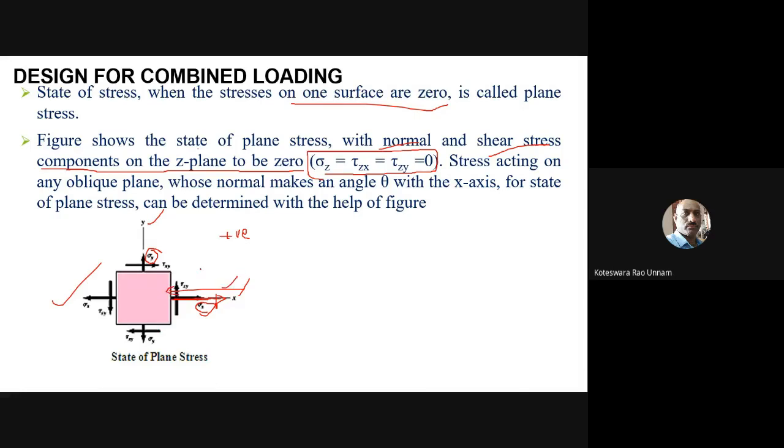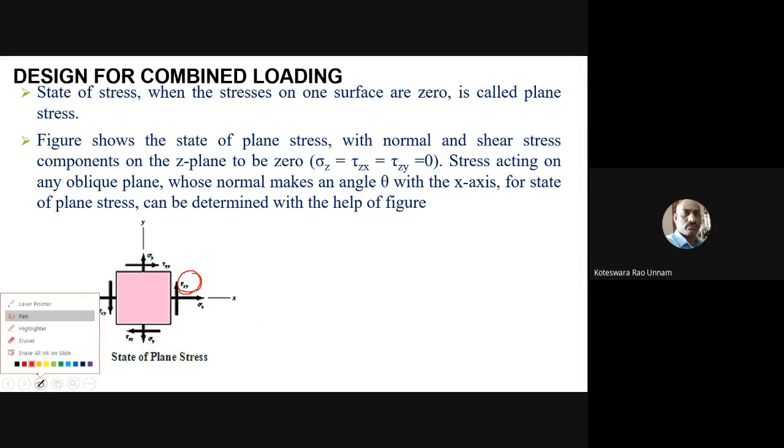Whether it is sigma x or sigma y, there is no issue. You can easily identify that if the stress is tensile, it is positive, and if the stress is compressive, it is negative. But we face some difficulty in identifying whether the shear stress is positive or negative. That is somewhat difficult, but not that difficult. We can easily identify that also.